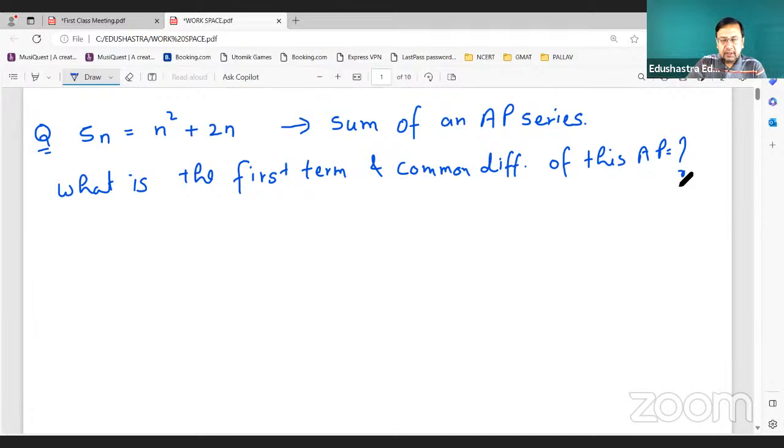So S of n is equal to n square plus 2n, right? And this is the sum of an AP series. I want to calculate the first term and common difference of this AP series. Okay. So quickly tell me some value, some answer, or maybe some logic for this question.